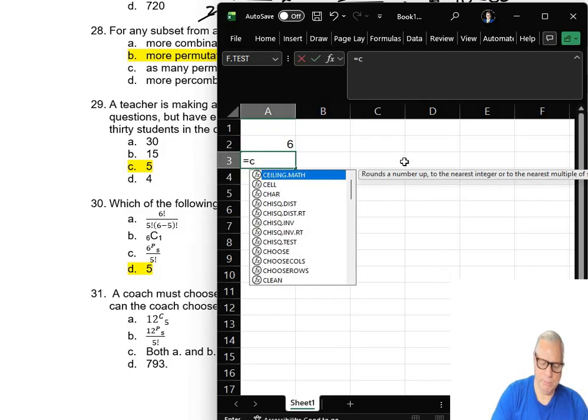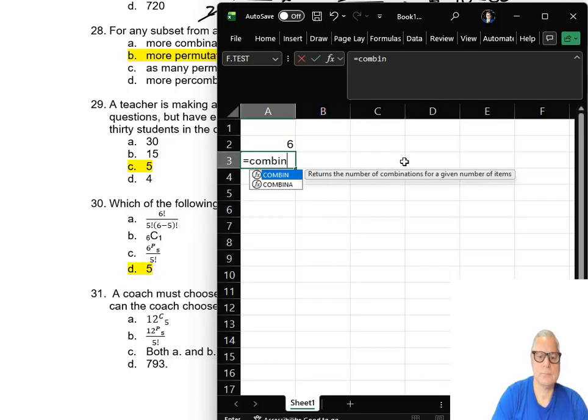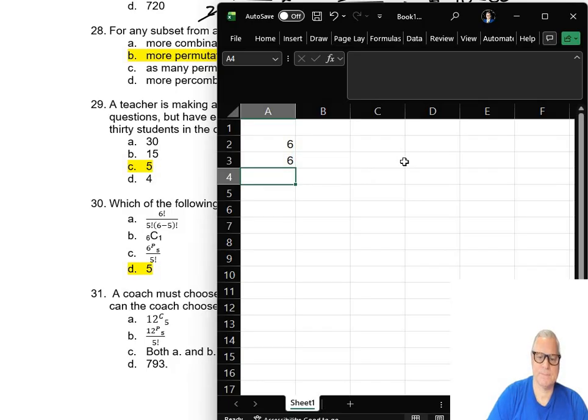Now let's do B. That would be COMBIN from 6, choose 1, 6.